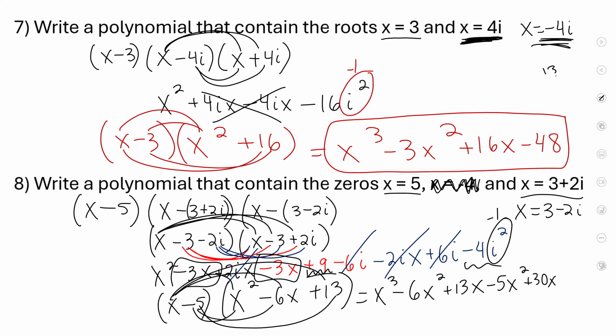What's 13 times 5? 65? Okay, now we're going to combine like terms. So this and this is a -11x squared. This and this is positive 43x plus 65.